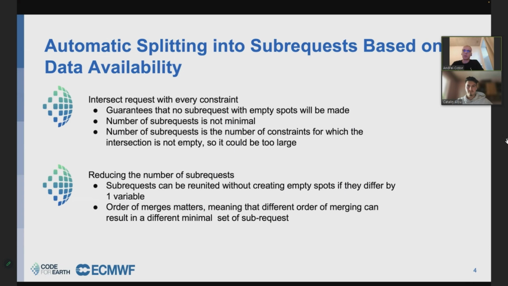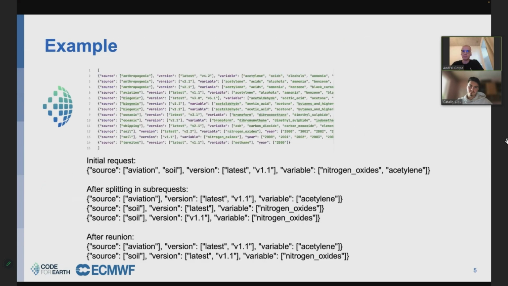And of course, this is very important: the order of merges matters. If we decide to merge two sub-requests before another two, this might result in a different minimal set of sub-requests, and it will have an effect on the solution further on.